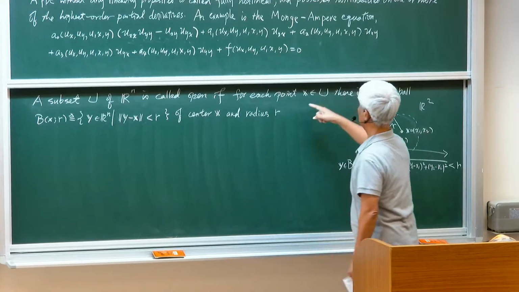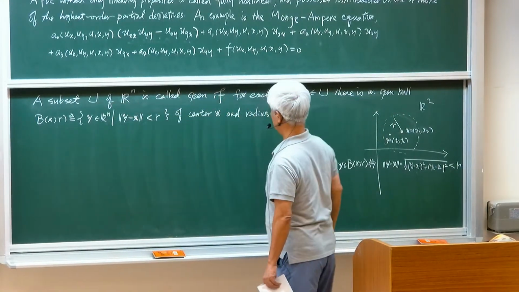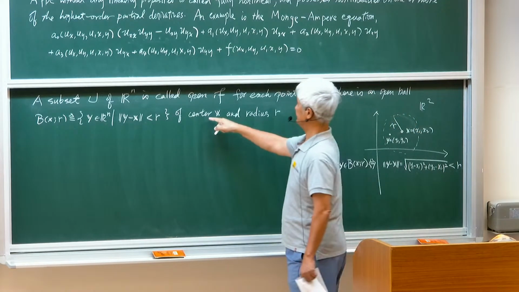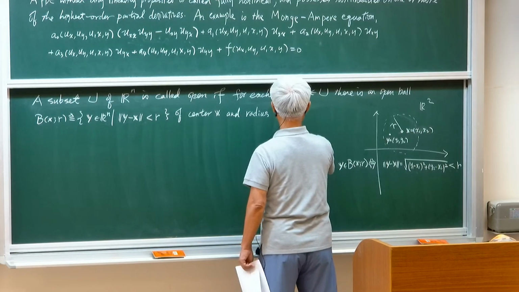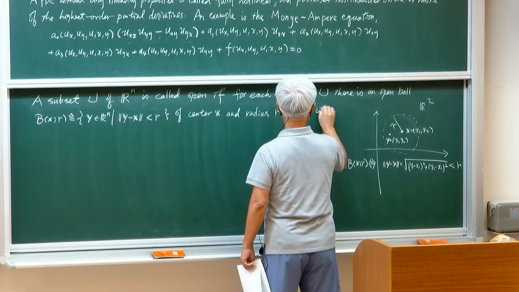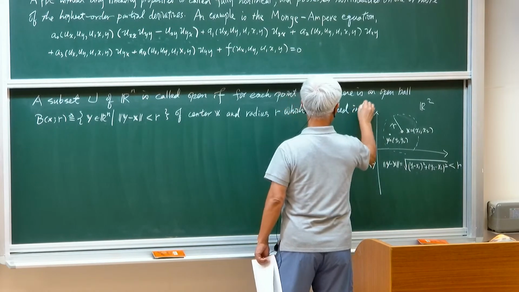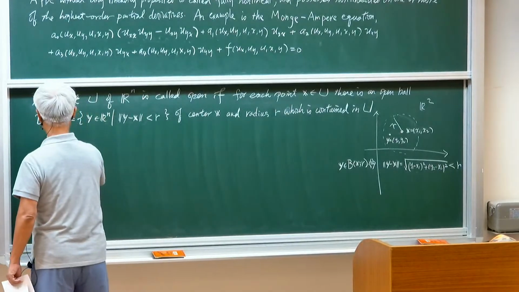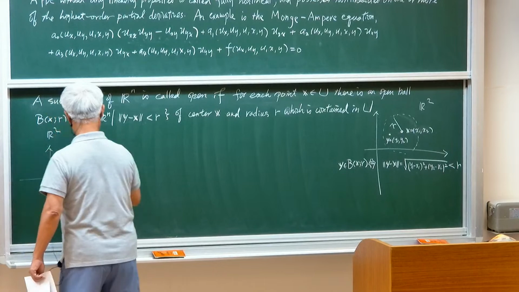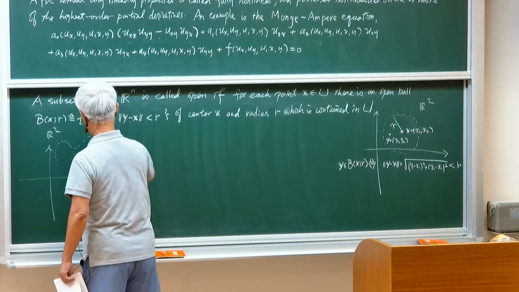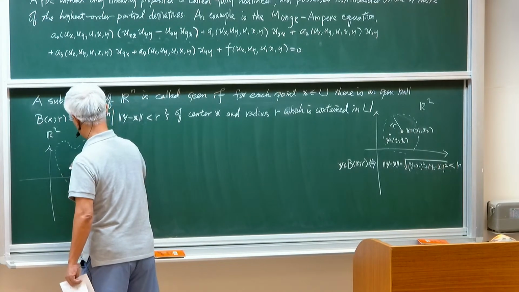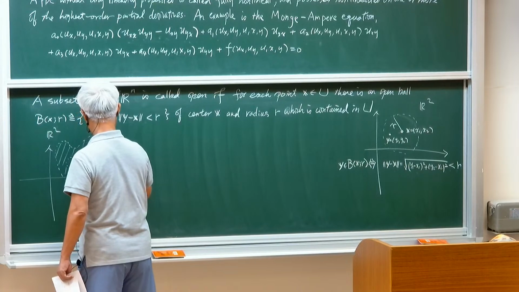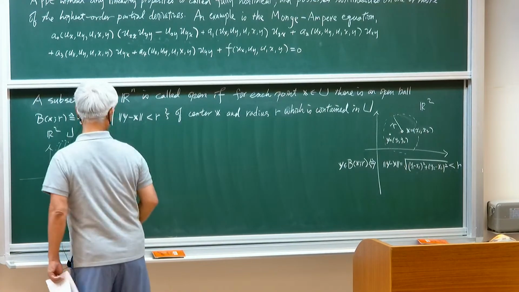So we say U is called open if for each point in U there is an open ball which is contained in U. In R^2, I put this region, and this is U. Then U is an open set.